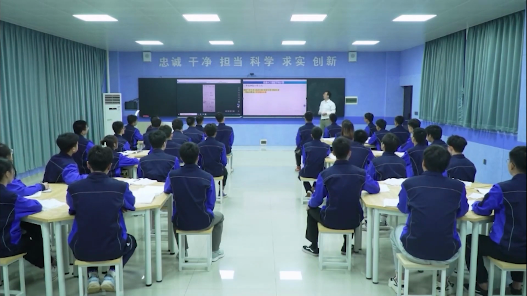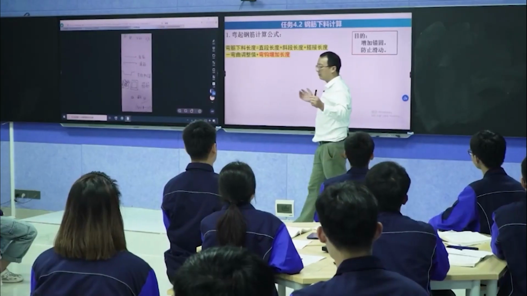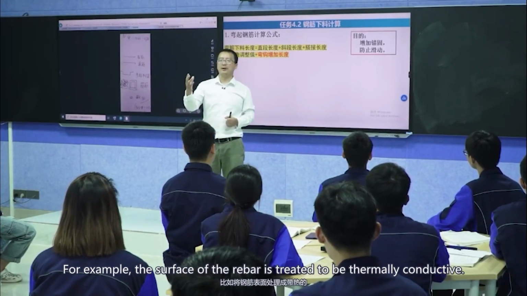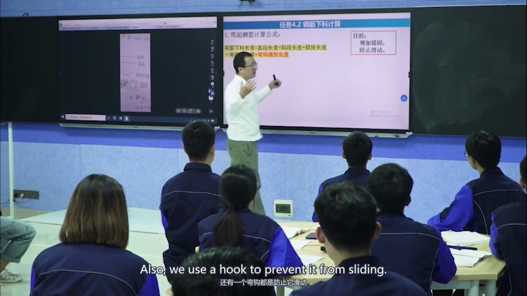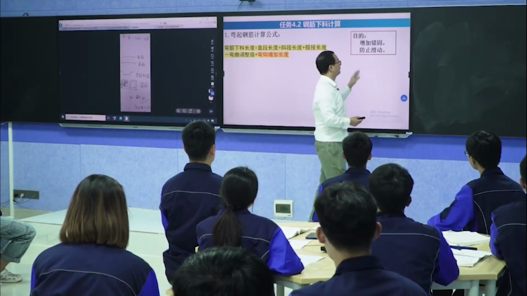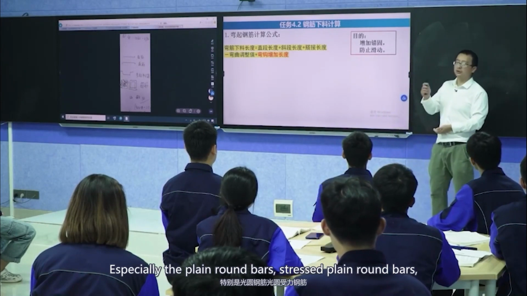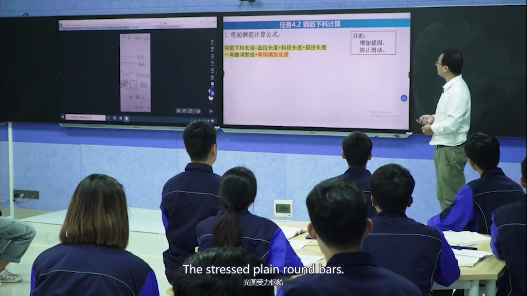We have taken a lot of measures for the rebars. For example, the surface of the rebar is treated, and we also use a hook to prevent it from sliding. Especially for stressed plain round bars, we must make a hook.